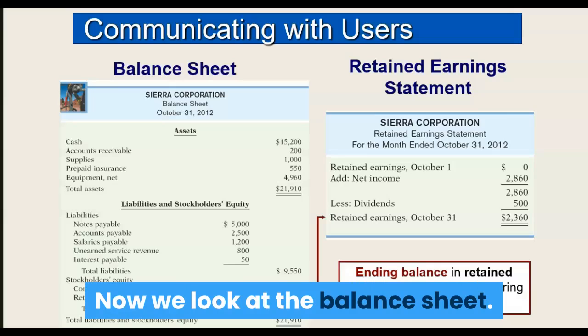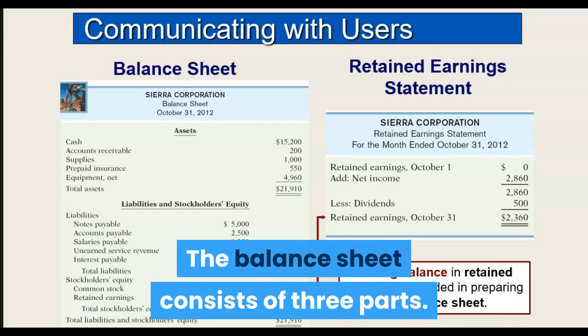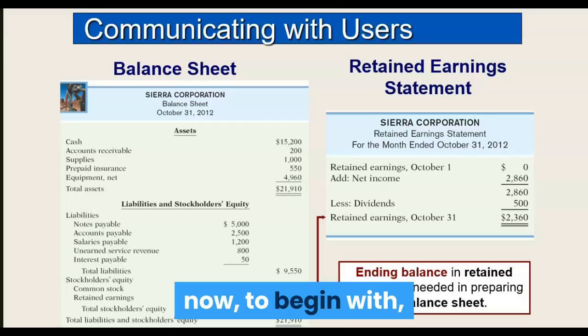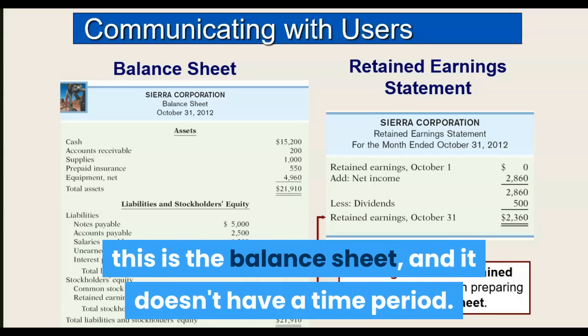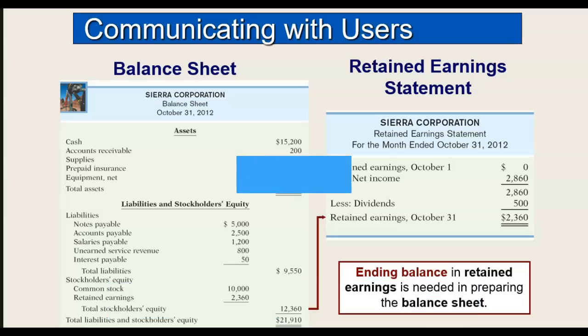Now we look at the balance sheet. The balance sheet consists of three parts: assets, liabilities, and shareholders' equity. You see those three categories on the balance sheet. Now, to begin with, this is the balance sheet, and it doesn't have a time period.